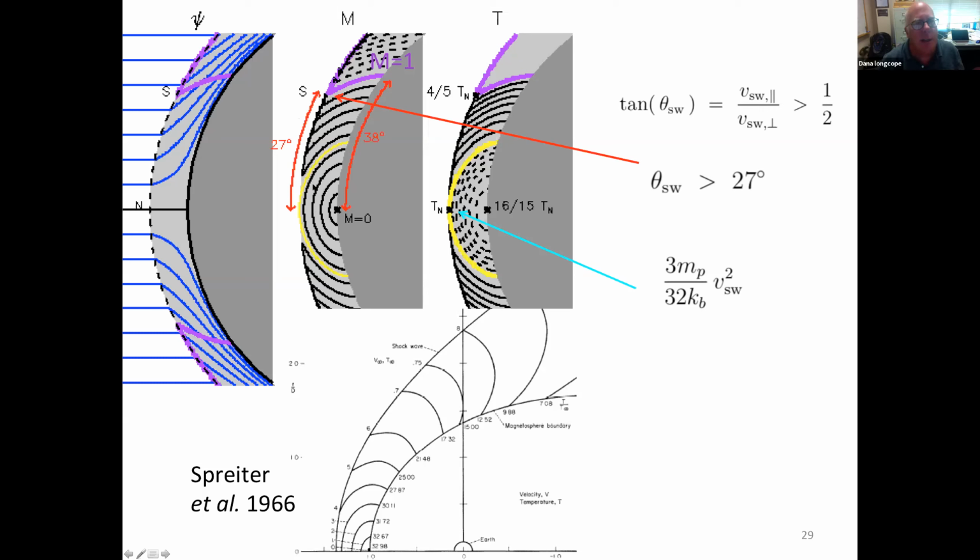So there's only a region within 27 degrees of the nose where the flow actually decelerates to subsonic. Everything else stays supersonic because it comes in with some amount of velocity parallel to the shock and then keeps that. So this is the place where the temperature of the solar wind goes up.